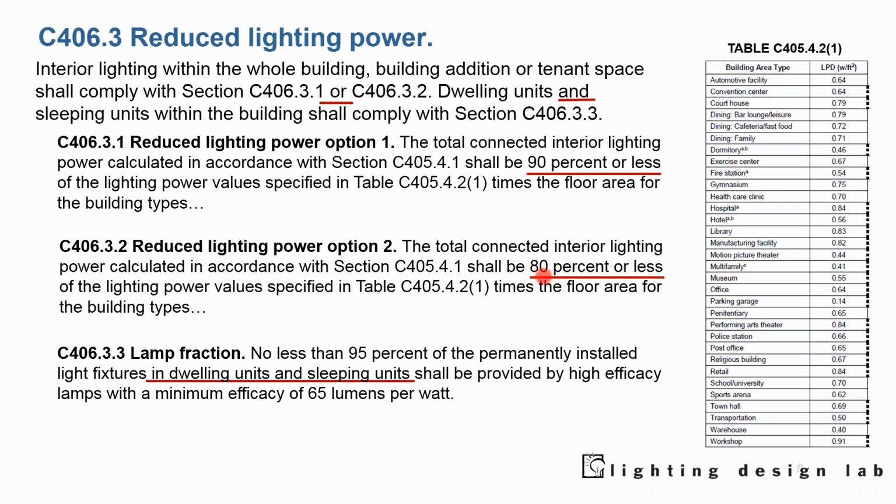Or if you go to 80% of these numbers, then you get additional credit. You pick one or the other. And then there's a lamp fraction for residential dwelling units or sleeping units. Not less than 95% of permanently installed light fixtures shall be provided by high efficiency lamps with a minimum efficacy of 65 lumens per watt.